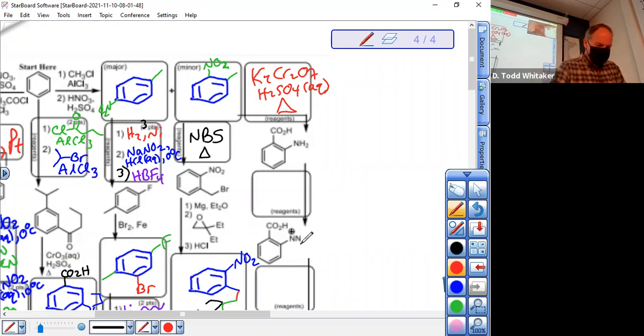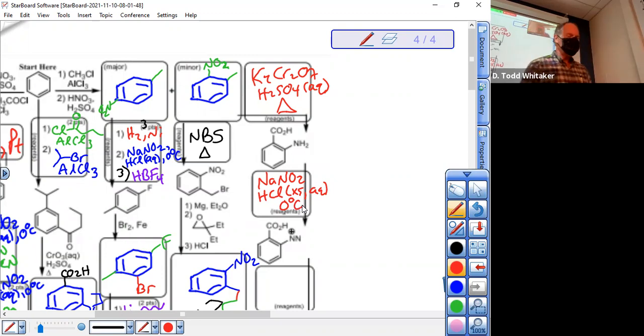And hey, we're just doing a diazotization. That's the N triple N plus. How many times has this been on the page? I've lost track. NaNO2, excess HCl, aqueous. Don't forget, you're making the diazonium. You don't want it to break down. Needs 0 degrees Celsius.